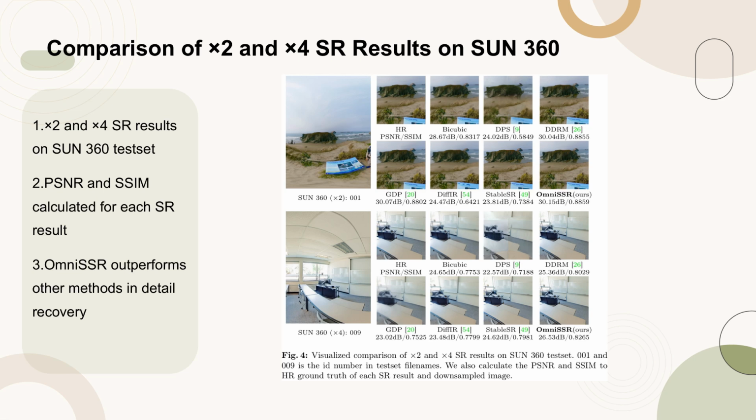The visual results indicate that OmniSSR demonstrates superior capability for detail recovery compared to other methods, particularly evident in textual elements, complex objects, and small-scale objects. This superior performance is further supported by the quantitative metrics, showing OmniSSR's ability to recover highly detailed and realistic visual effects from the test images.